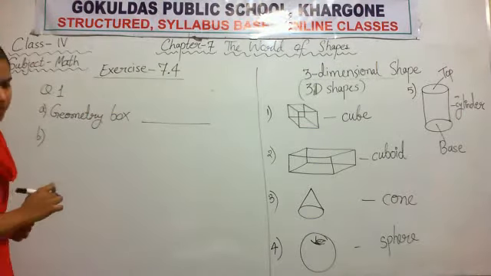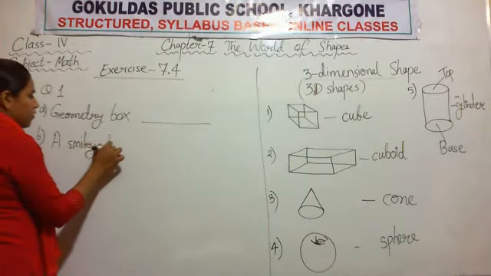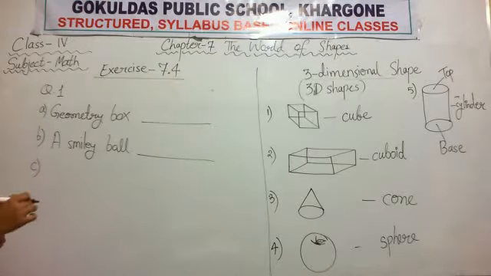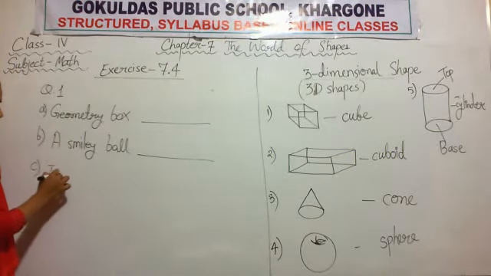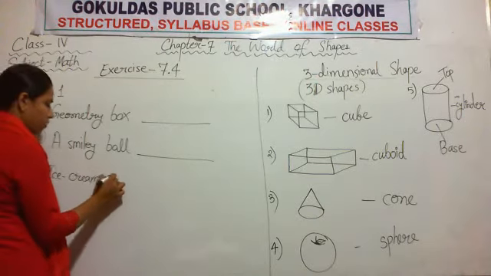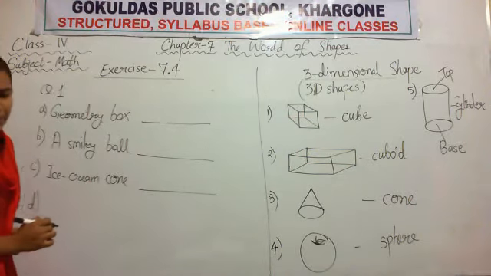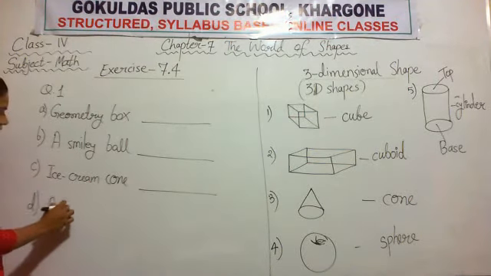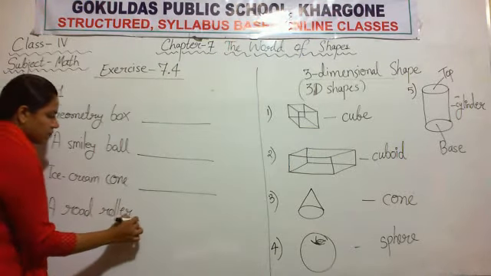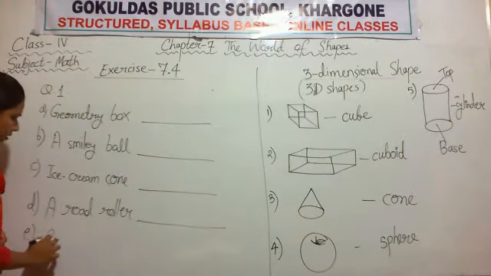B, a smiley ball. C, ice cream cone. D, a road roller. E, a matchbox.